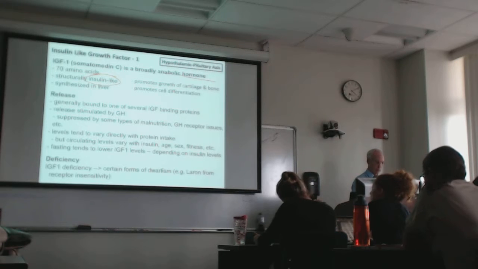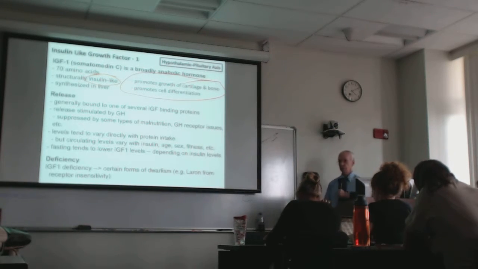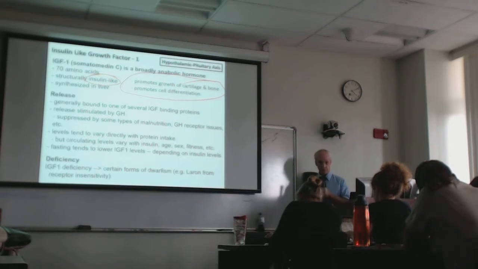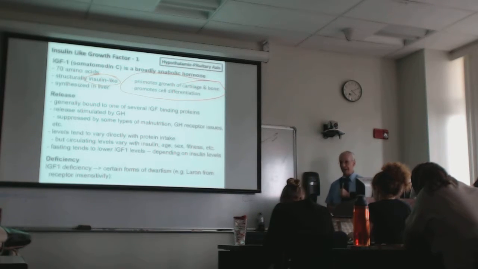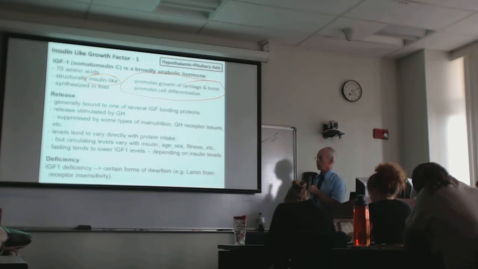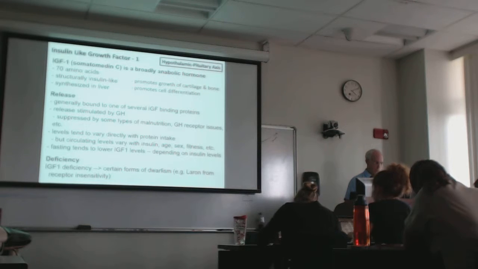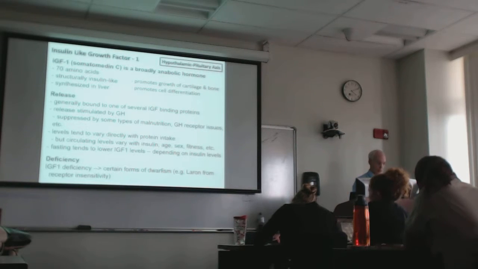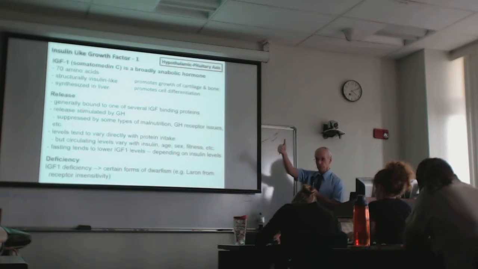But here's what you need to notice over here on the right. It functionally behaves just like growth hormone. It binds to receptors in cartilage and bone and promotes both mitosis and cell differentiation developmentally. Now, GH, and I'm going to come back to this in a moment, as GH levels go up, what's going to happen to IGF levels?